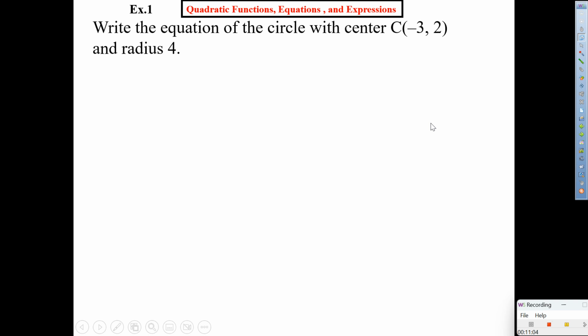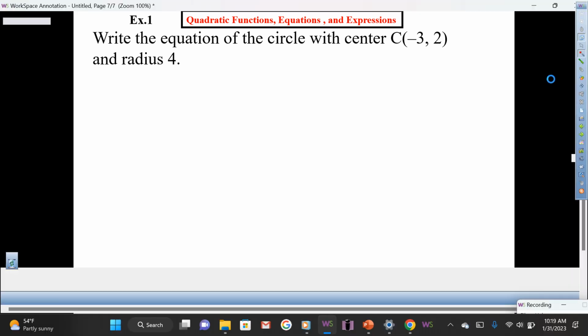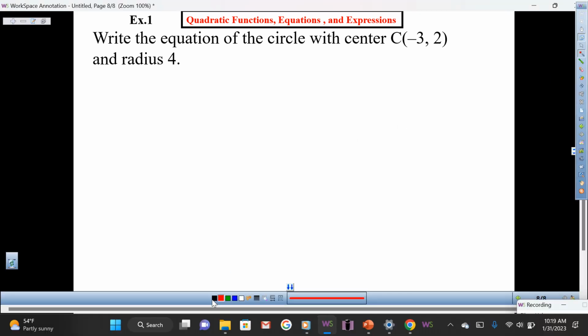Write the equation of a circle with center (-3, 2) and radius 4. And this is just practice to get familiar with the standard form equation.